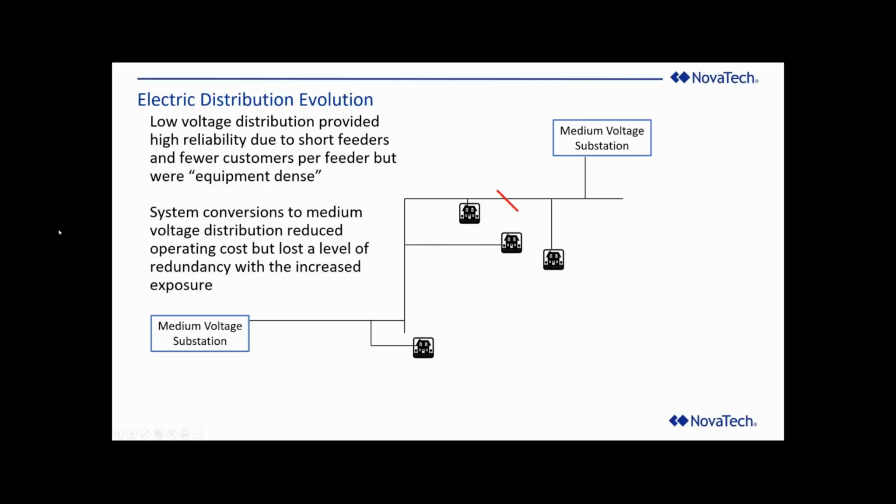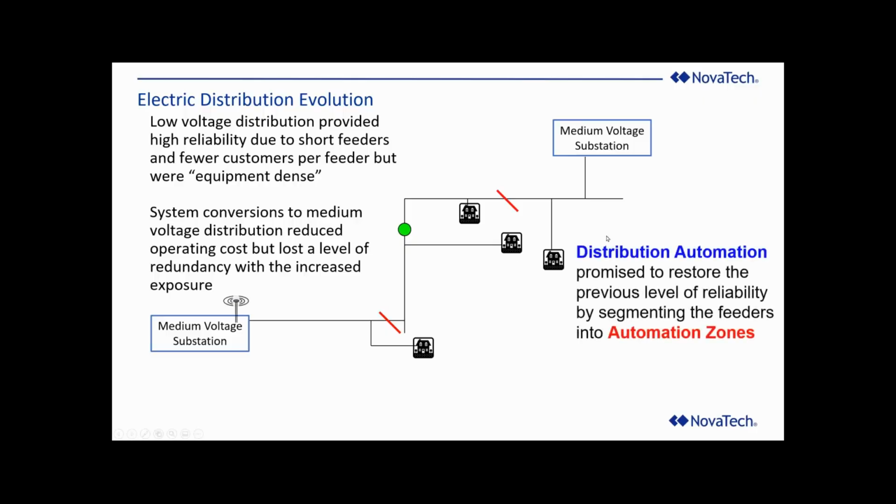System conversions over the years have moved distribution systems to higher voltages. When we removed the low voltage systems, feeders became longer and more customers were on a feeder, and we lost one level of redundancy at that high side automation changeover or the bus transfer schemes that provided a secondary source to the customers.